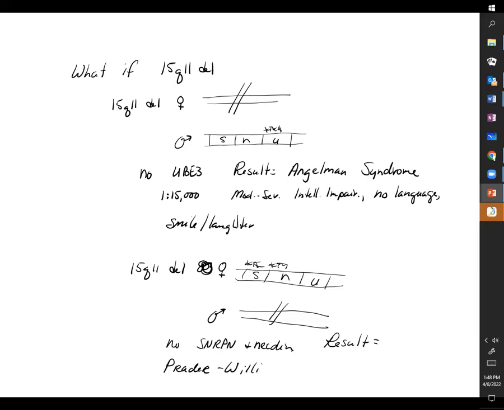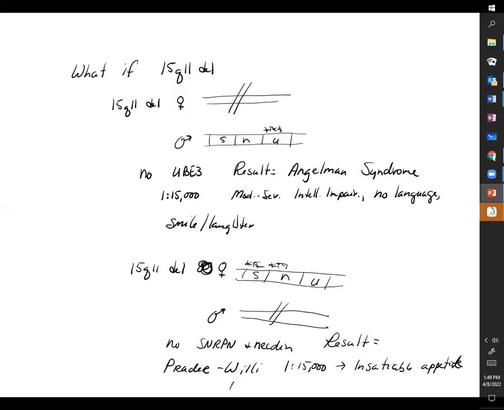Prader-Willi syndrome also has a frequency of 1 in 15,000-ish. The major phenotype of Prader-Willi syndrome is insatiable appetite, and a resulting morbid obesity if there's not a severe, structured environment for food access.